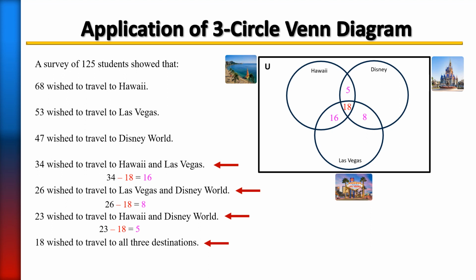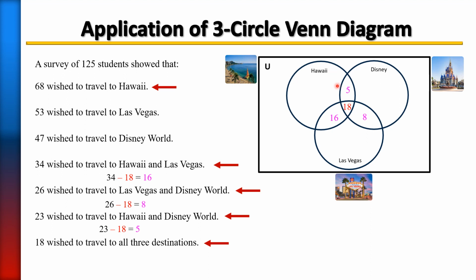All right, moving on to now the only or the outer areas so that we can find the only. So we're starting from top to bottom. Let's start with Hawaii first. There were 68 who wish to travel to Hawaii. So we have to add up those people that are already there.